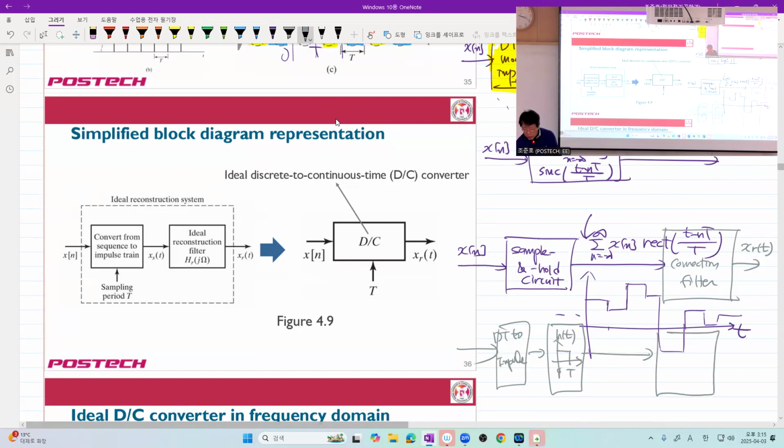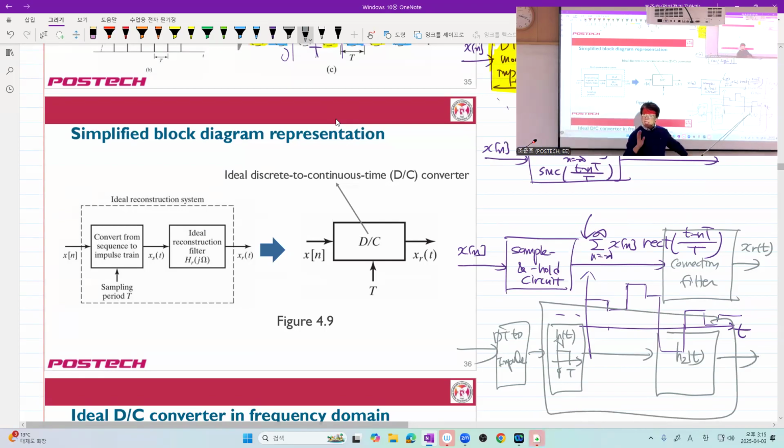Now you have some H2, and you want this entire serial cascaded, convolved system to be a sinc pulse.